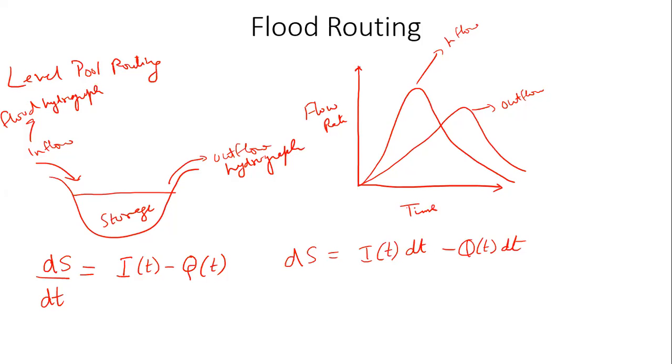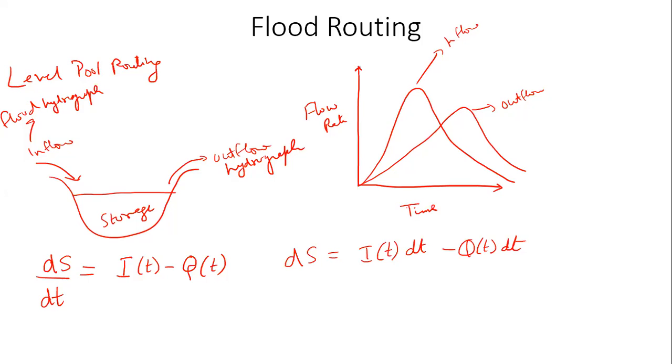So as soon as inflow starts to come in, you will expect that something may happen to the outflow hydrograph, right? Depending on how long it has been since you started receiving the inflow hydrograph, you will start to expect some flow to start happening in the outflow hydrograph.